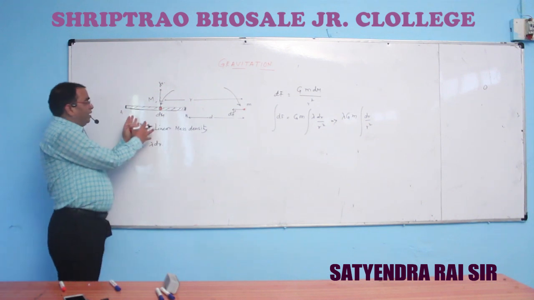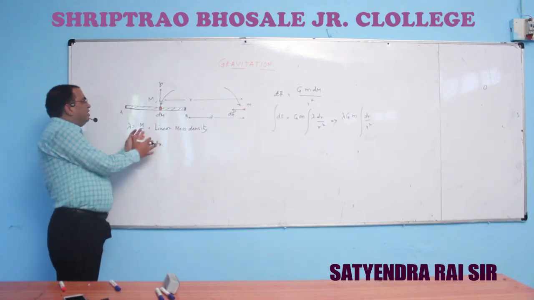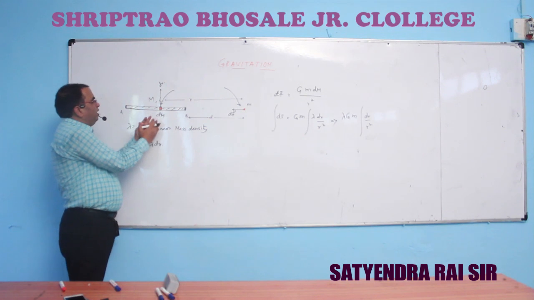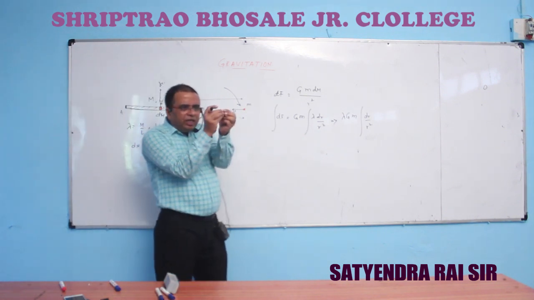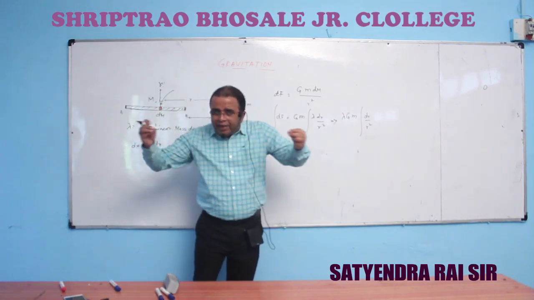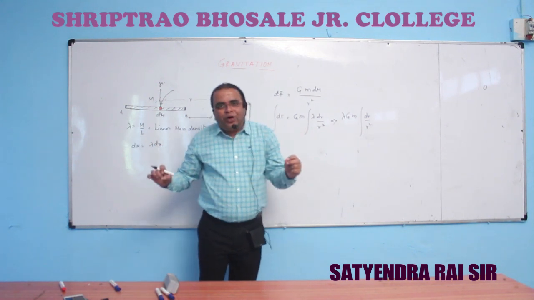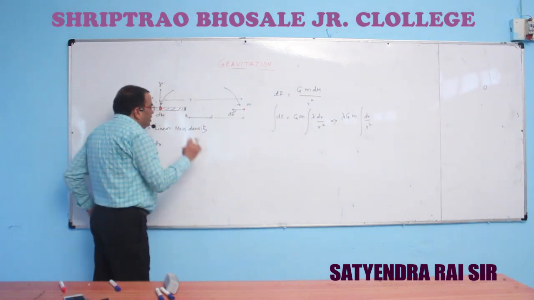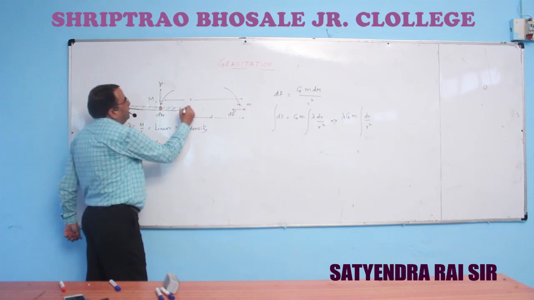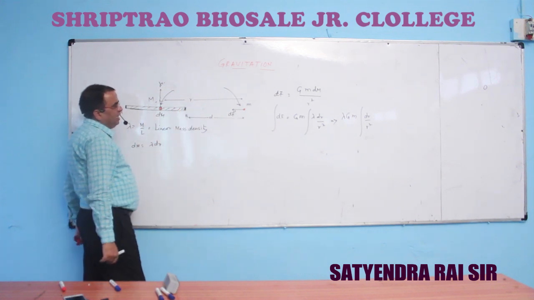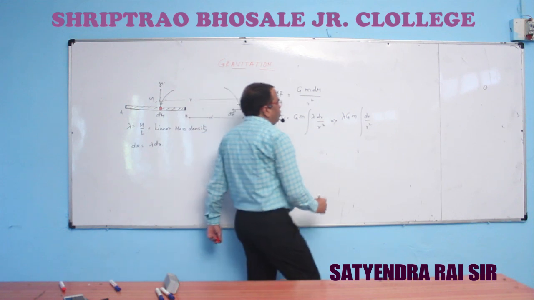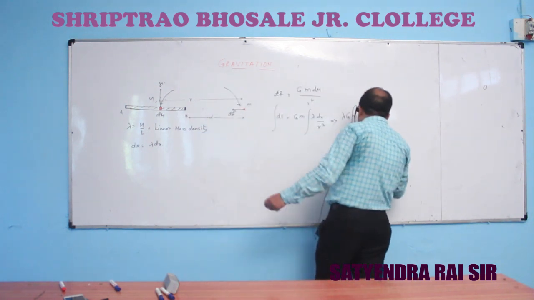You can see easily that such elements, arranged in a linear way on a line, make the whole rod. The first element over here will be at a distance d, so the initial value of r is d.